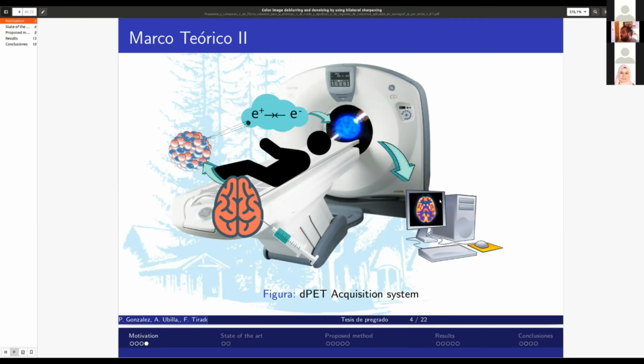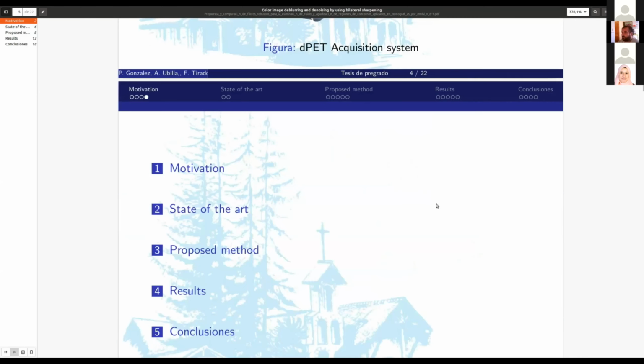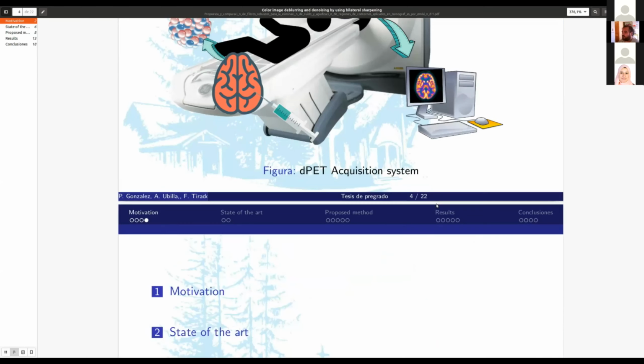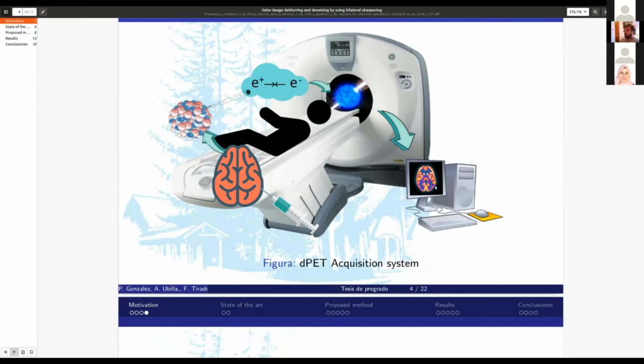We can observe, for example, Alzheimer's or tumor processes before they produce an anatomical change. And with this type of image, we can see the biochemical change of the tissues, not only the anatomical change of the tissues.